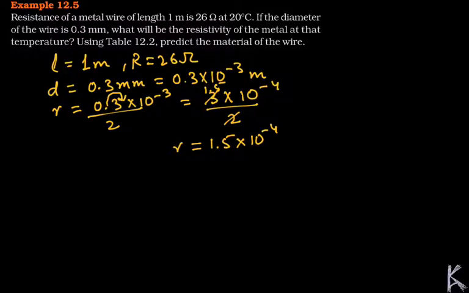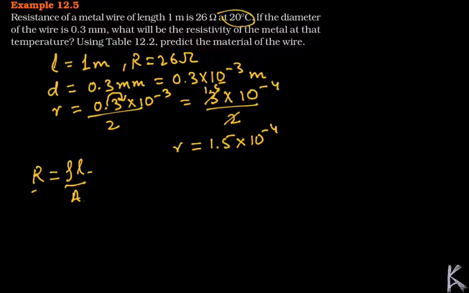Now what will be the resistivity of the material at that temperature? At 20 degrees Celsius the temperature remains the same, so there will be no change. Now using R is equal to rho L by A, we are already given R and L, and A is to be calculated.